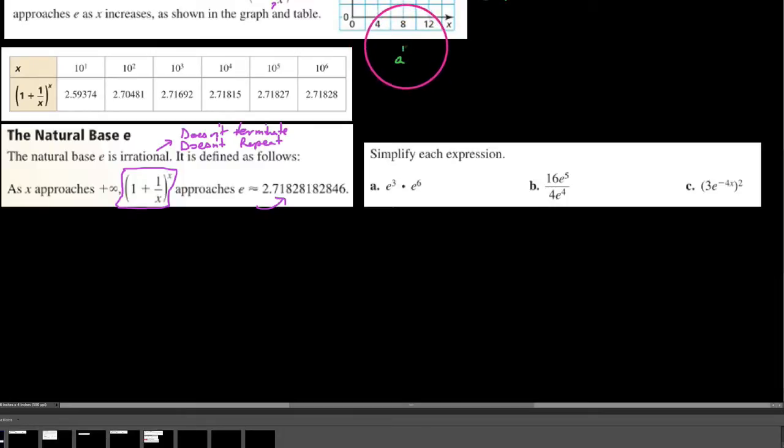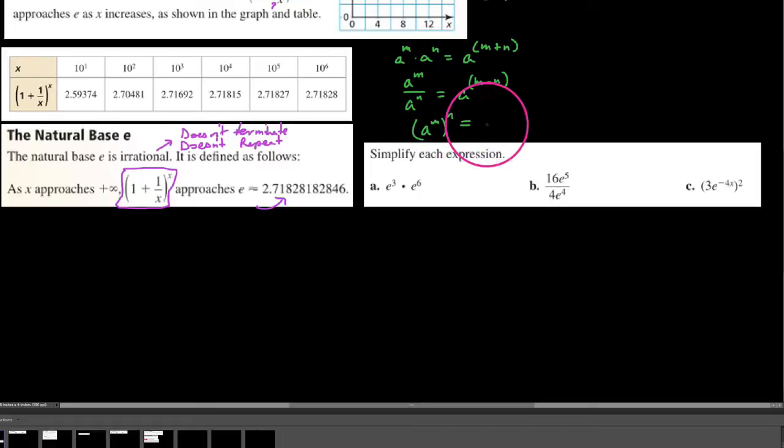If we said a^m times a^n, remember that when we multiply two things with the same bases, we add their exponents. Likewise, if we divide two things with the same bases, we subtract their exponents. And if we have a power, like a^m, and we raise that to the n, we get a^(m times n) in our exponent.